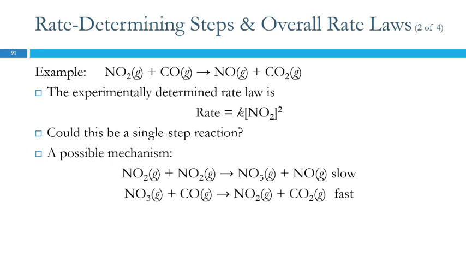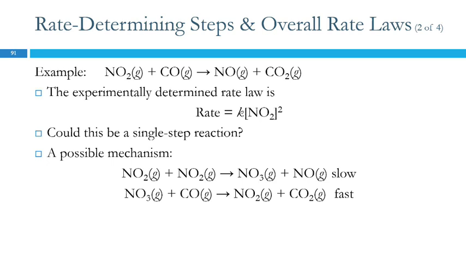It's zero order. Its concentration doesn't affect the rate. Can we get that from this equation? No, we can't. So, because this does not correspond to that, we know that this cannot possibly be a single step process.